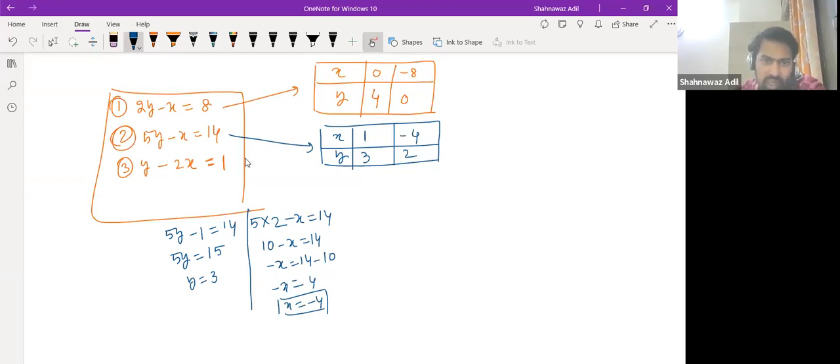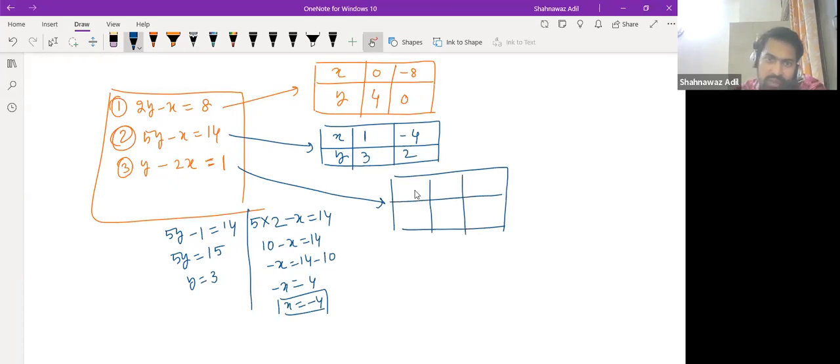Okay. And then let us find out this one. What are the coordinate points? So again, x and y. Now this is simple. x equals 0 will give you y equal to 1.